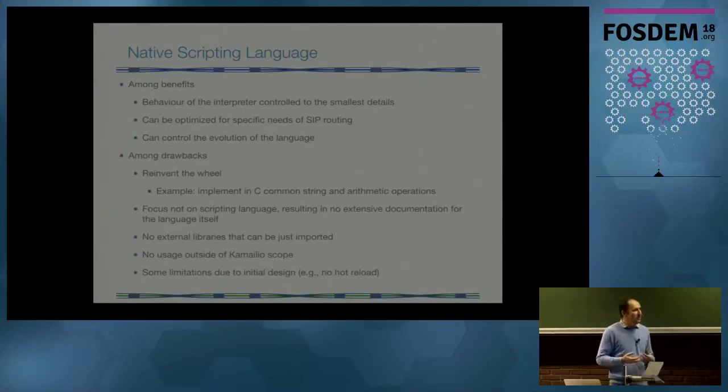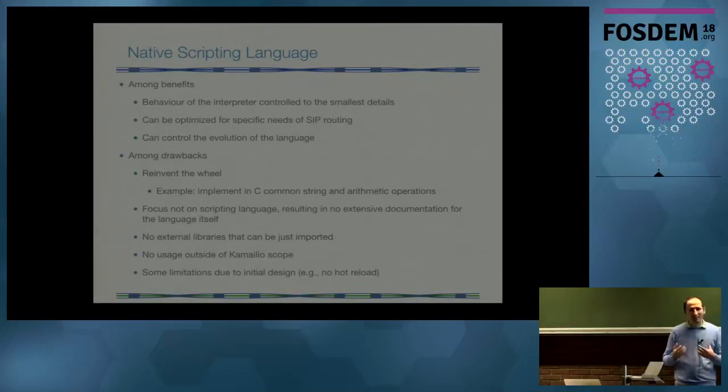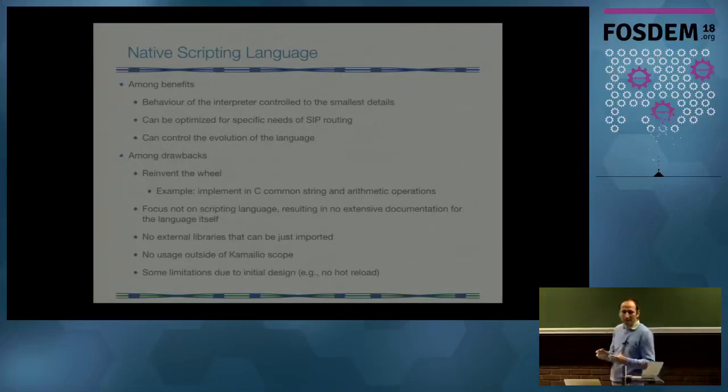Then it's not used outside Kamailio, so practically you don't get the benefit of other people testing it in other conditions with different input that could eventually reveal some side effects on different operations, and that would be useful. And also because of the initial design, there are some limitations in terms of how the script interpreter behaves.